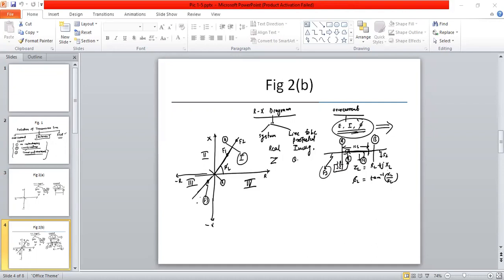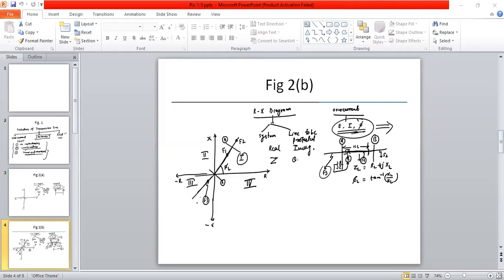The first zone of relay R1 covers 80% of the line from bus A. If I draw 80% from bus A, this region is the first region of the distance relay R1. It is indicated by relay R1, first zone. If any fault occurs in this region, the relay will operate instantaneously, without any time delay.